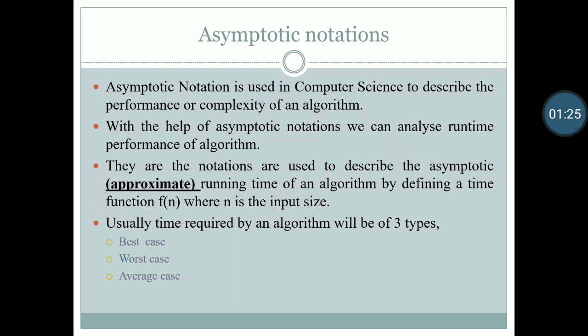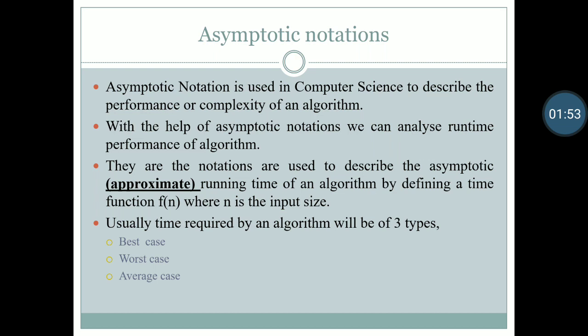So here notations are used to describe the asymptotic. Asymptotic means the approximate running time of an algorithm by defining a time function f(n), where n is the input size. So we will generate a function f(n), and in that f(n) we will put our input size, which will be n.